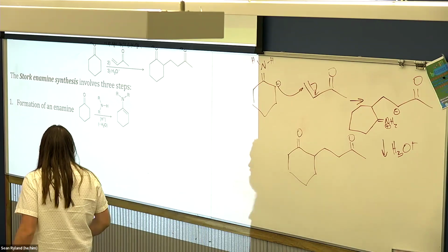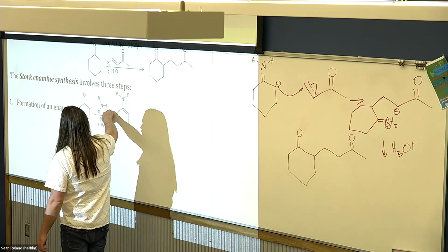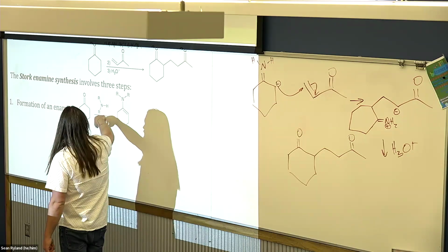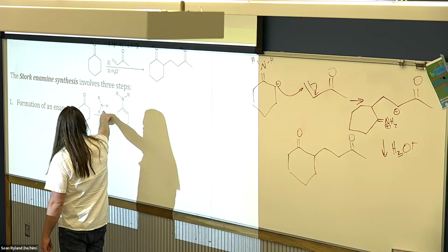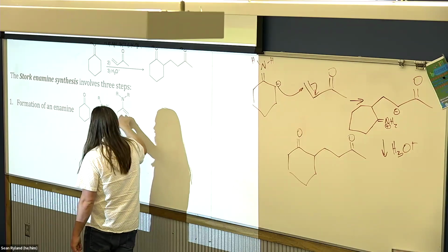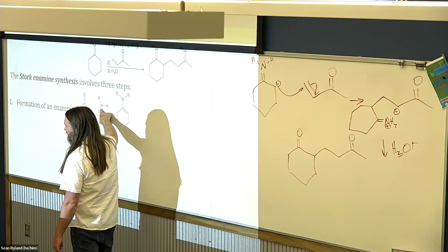So the way we would do this, first things first, convert it to an enamine. And remember for it to work, to make the enamine in this form, we had to use the secondary amine.